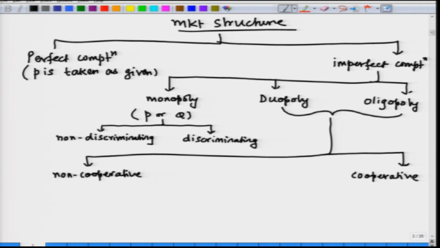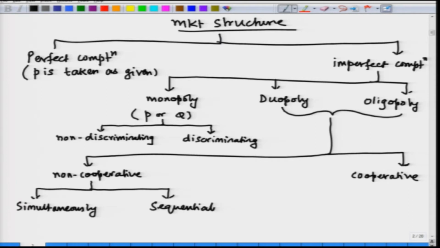And under non-cooperative actions, the firms can either move simultaneously or they can move sequentially.